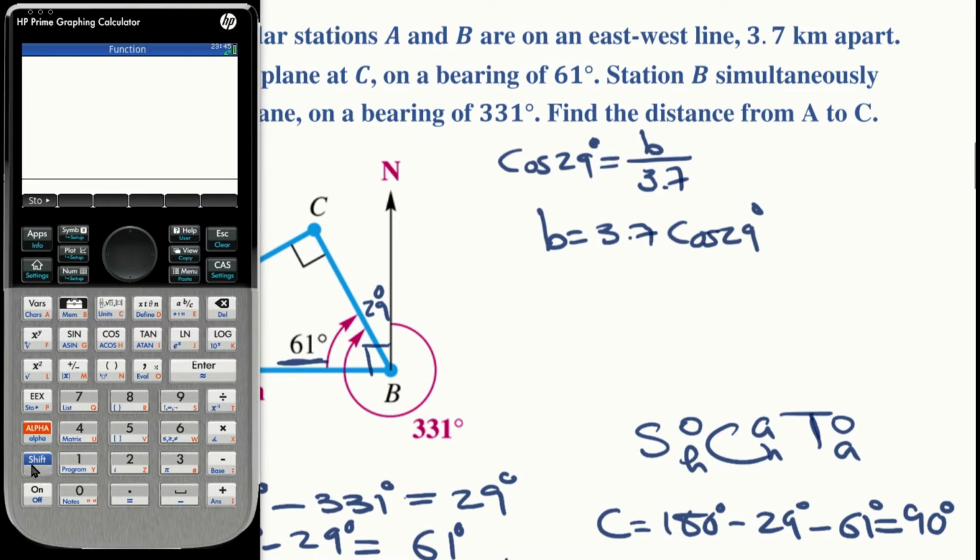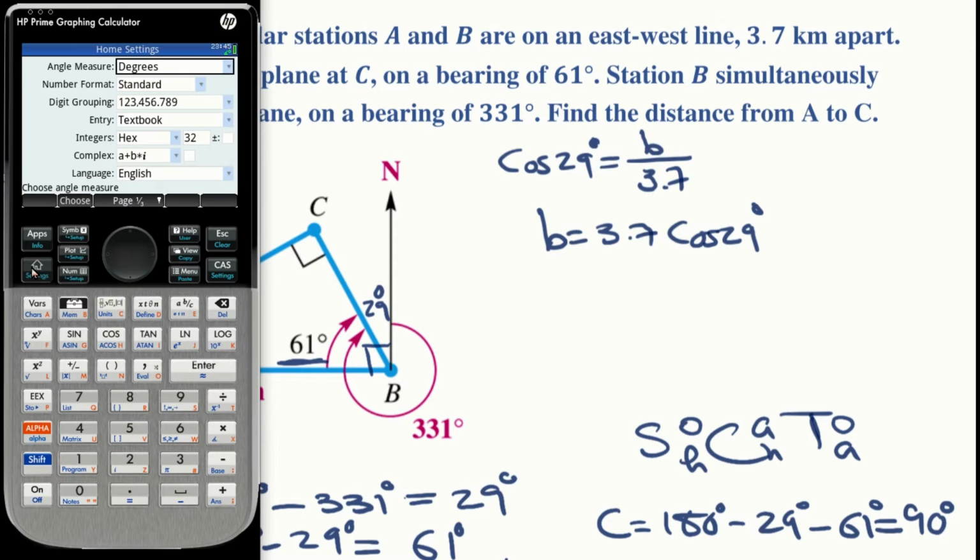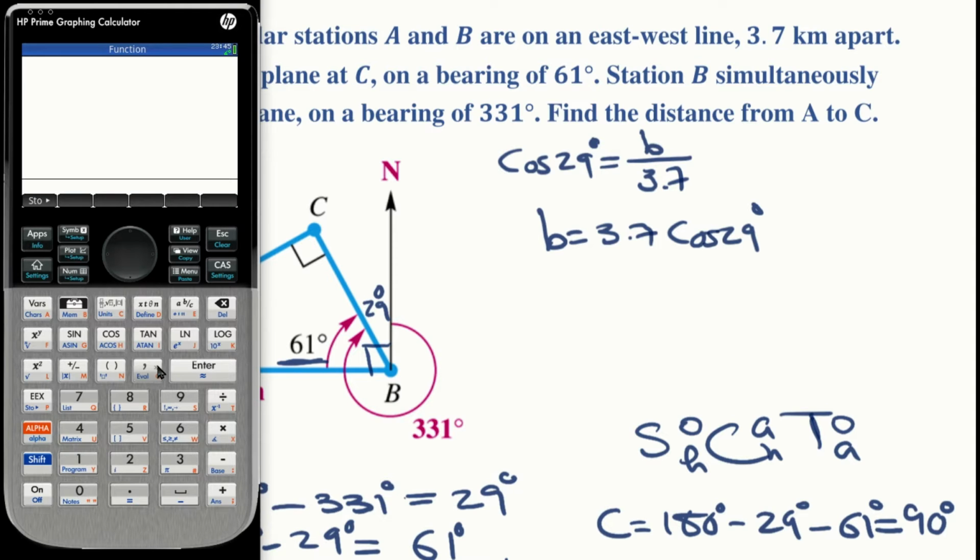All right, as always, we'll make sure our calculator is in degree mode. Once we have made sure of that, we go ahead and type away. So 3.7 times cosine 29, and we get the distance now.